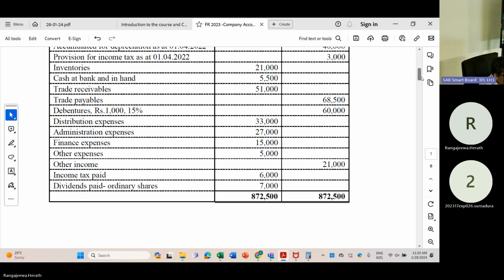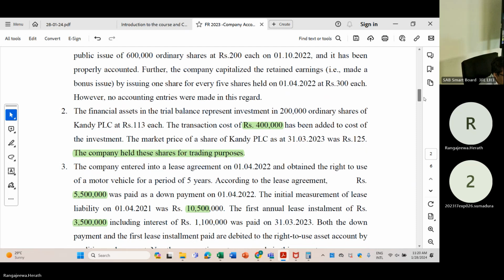And you are told the transaction cost 400 is included in the investment. Now this transaction cost cannot be put into the investment; it goes to P&L, to other expenses, because this is a fair value through P&L financial asset. Transaction cost is capitalized to the investment only when it is fair value through OCI or amortized cost.